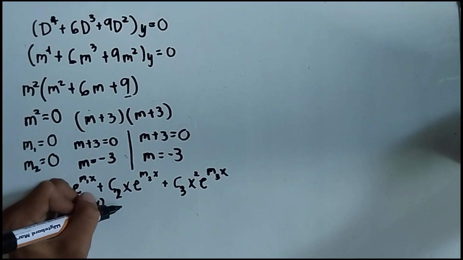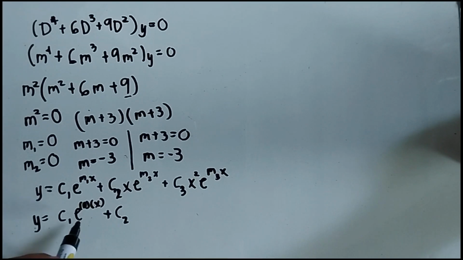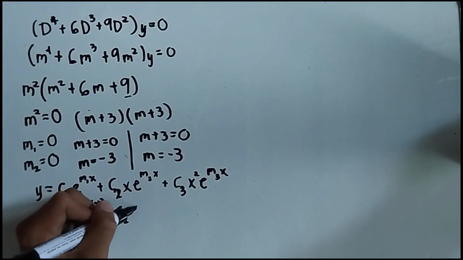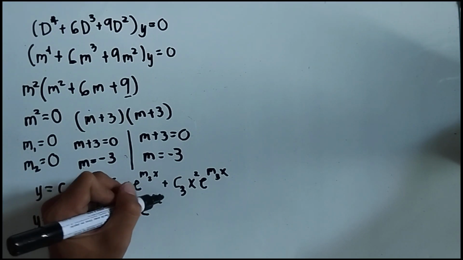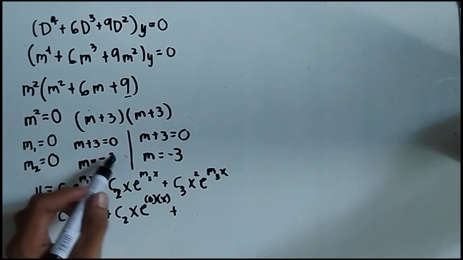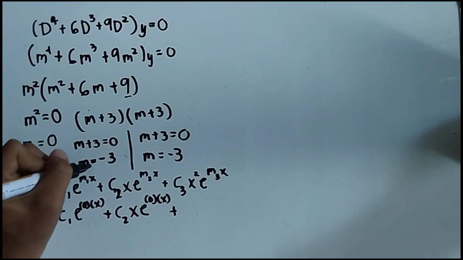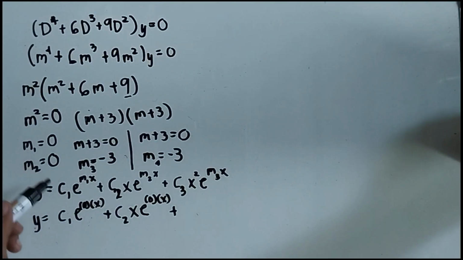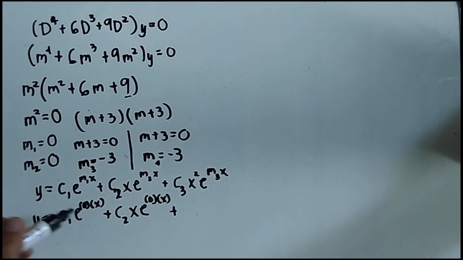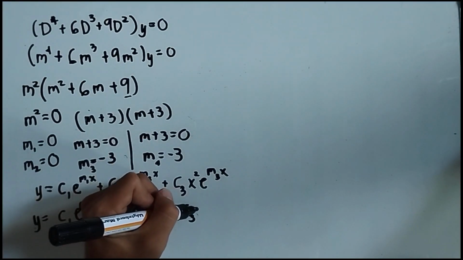Here we have c sub 2, and we're gonna add x here because they are in sequence, that is the same roots, and then e to the power of our m sub 2, which is 0, times x. Plus, we have the m sub 3 here and then the m sub 4. M sub 3 is not the same as m sub 2, so we're gonna bring back the original form of the term. So we have c sub 3 e to the power of negative 3 times x.